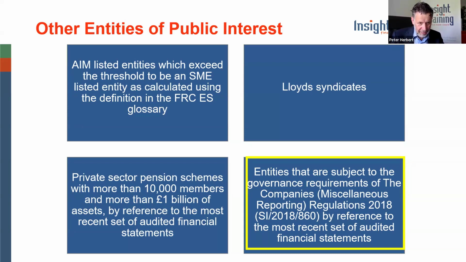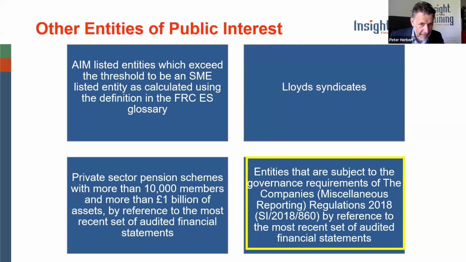Now, what's changing? Well, what the FRC are looking to do here is to remove the concept of the EP. And this ties into an aspiration to actually redefine what we mean by a public interest entity. And in doing that, the FRC feel that will render the concept of the other entity of public interest kind of irrelevant as far as audit ethics is concerned.